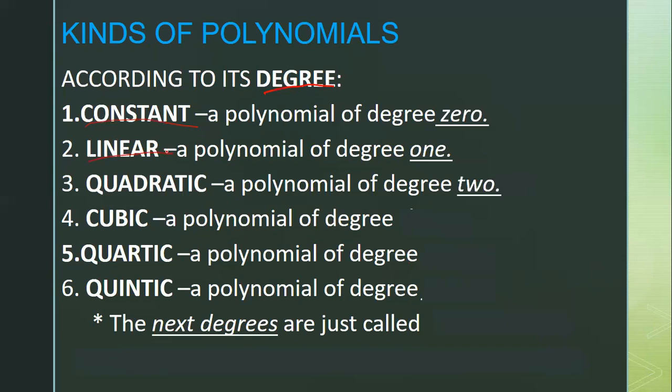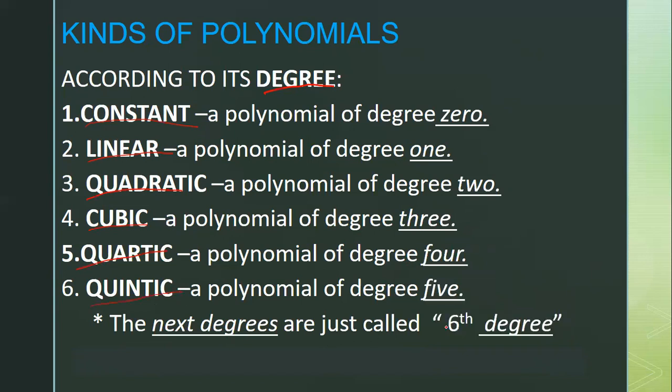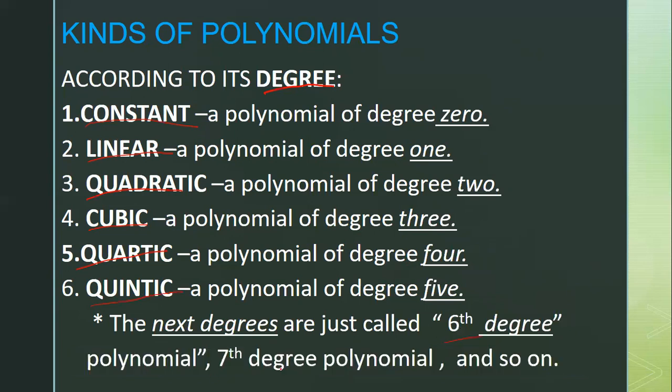A polynomial of degree 2 is quadratic. Degree 3 is cubic. Fourth degree is quartic. Fifth degree is quintic. The next degrees are just called sixth degree, seventh degree, and so on.